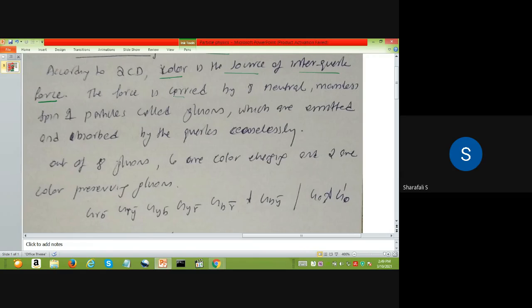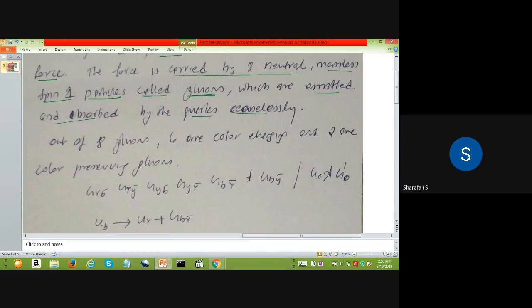The force is carried by 8 neutral massless spin 1 particles called gluons, which are emitted and absorbed by the quarks ceaselessly, continuously, inside those particles.